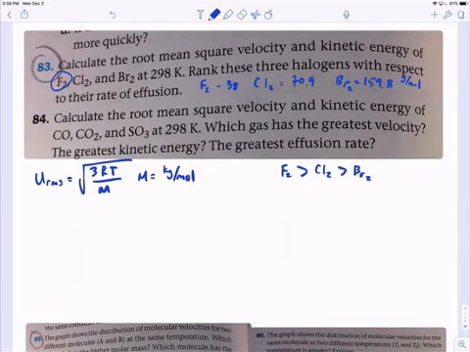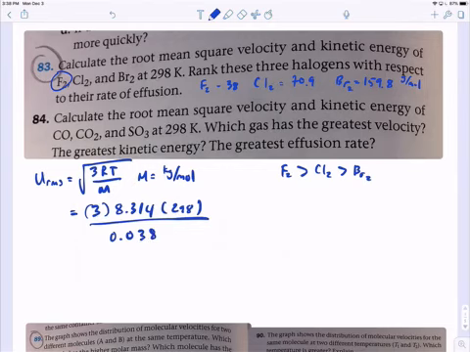It comes down to mass. The RMS velocity is 3RT over molecular weight, and if you remember the given sheet, this is given to you. So 3 times 8.314 times 298. There's only the Kelvin in there. Molecular weight is 0.038, and do all this to the half power.